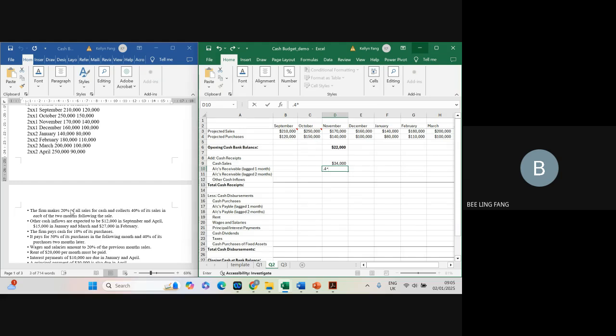Here you can see 40, 20, that's 60% only. So another 40%, meaning another 1 month.